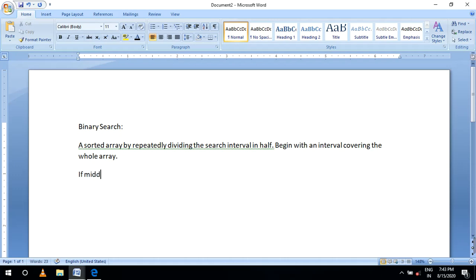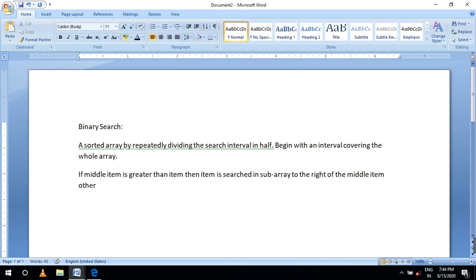If the middle item is greater than the item, then the item is searched in the sub array to the right of the middle item.